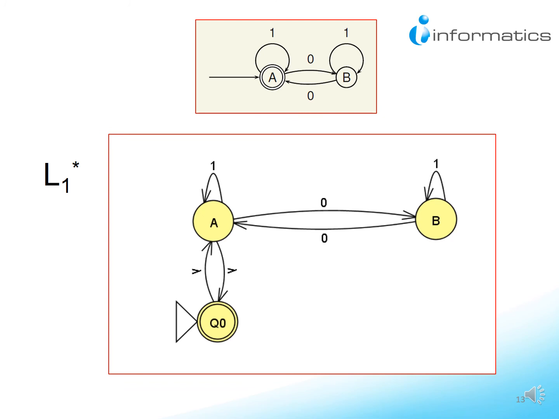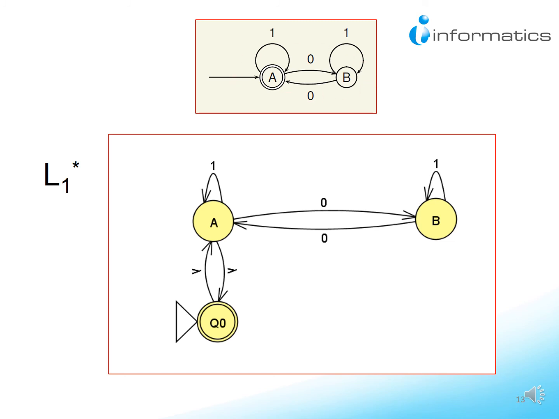Next, we look into the Kleene star operation. So, given the language L1 recognized by this machine, Kleene star means what? We allow the machine to loop from its initial state to a final state many times, including 0 times.